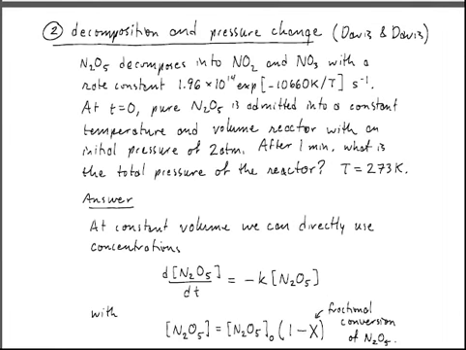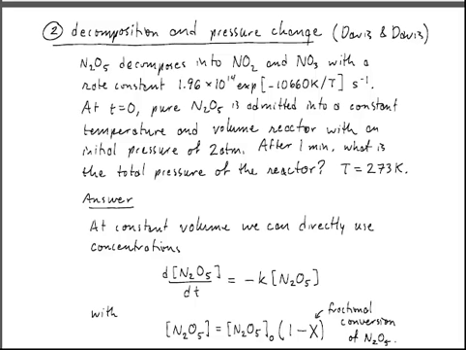Let's look at a more chemical example where we look at the decomposition and pressure change happening in a reactor. N2O5, nitrogen pentoxide, decomposes into NO2 and NO3 with an elementary rate constant of 1.96 times 10 to the 14 times the exponential of minus 10660 Kelvin divided by temperature.